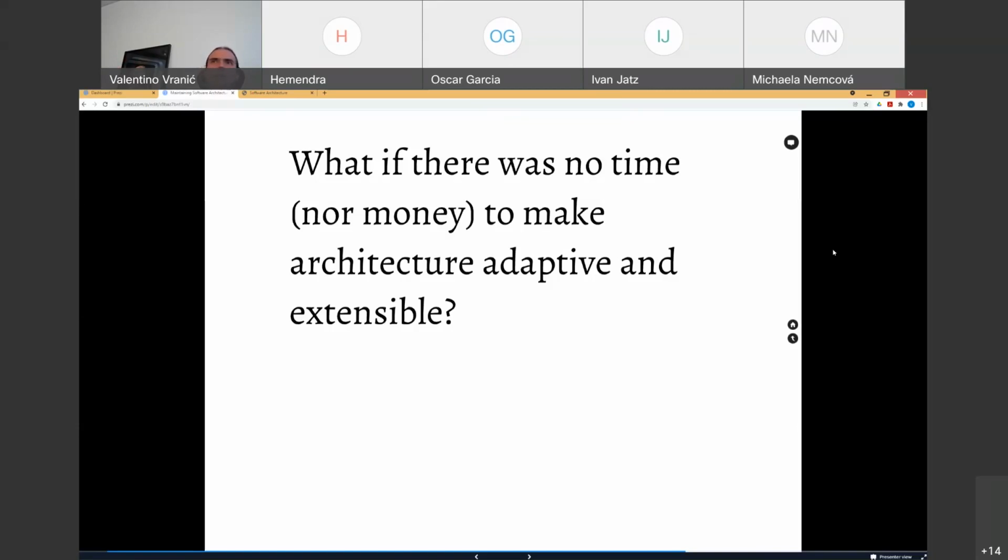So sometimes we don't have time nor money to make the architecture adaptive and extensible. In that case, we are postponing these things. We are creating something that is called technical debt.